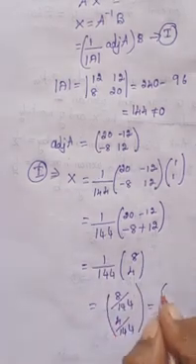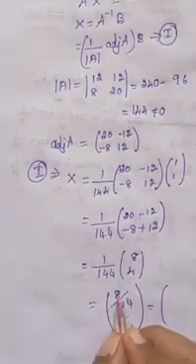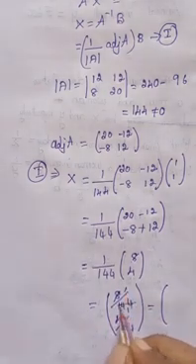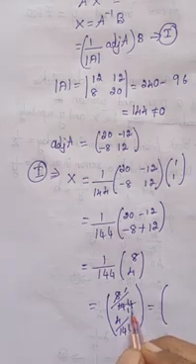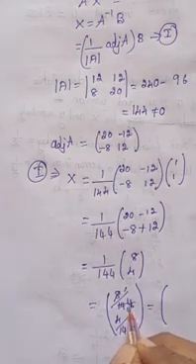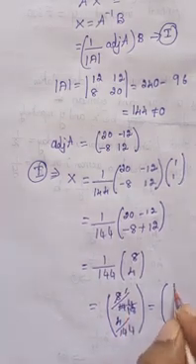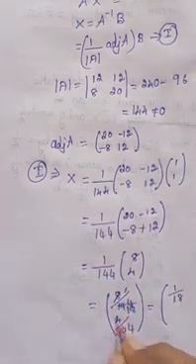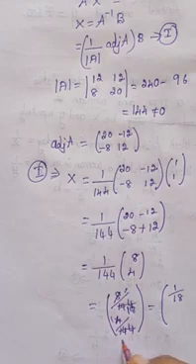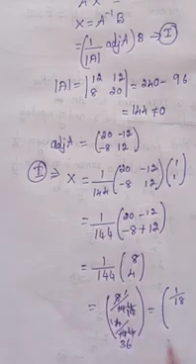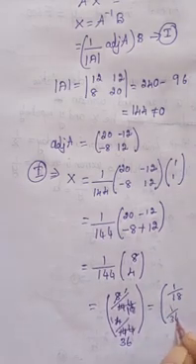So when we divide by 8, 1 8 is 8, and 8 8s are 64. So here we are getting 1 by 18. Here 1 4 is 4, 3 4s are 12, so 24. 6 4s are 24. So here we are getting 1 by 36.